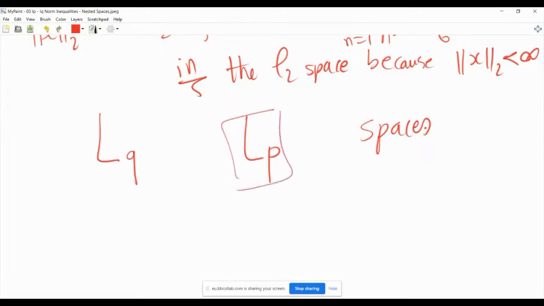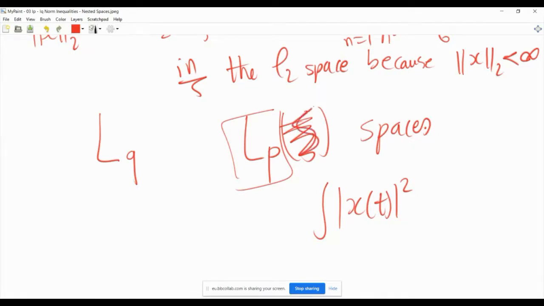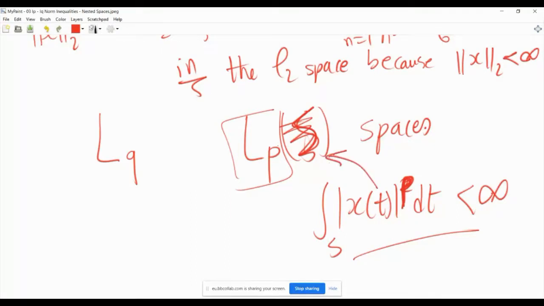So remember, for example, this is big L. Those are the guys for which something like this, defined over some subset of R. So let's have LP, and so it's P, so I should raise this to the power P. If this integral is finite, then we say that our function or continuous time signal is big LP.